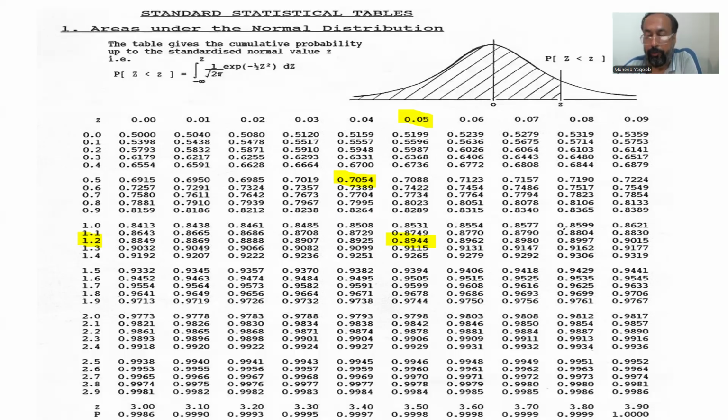And then what I did is that the corresponding row of this 0.7054 probability is 0.5, and the corresponding column of this 0.7054 probability is 0.04. Hence, we got that the inverse normal of the probability 0.7054 is basically 0.54.